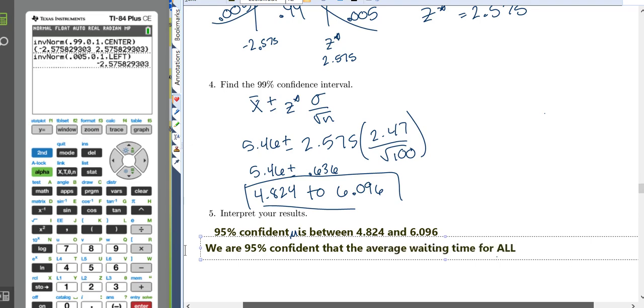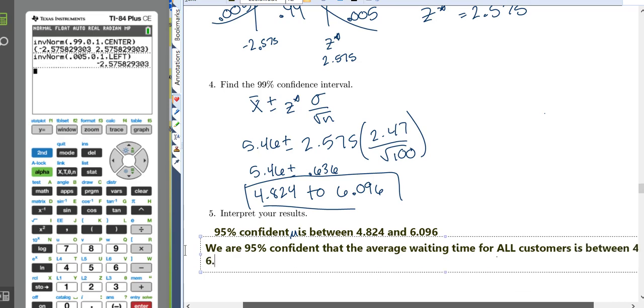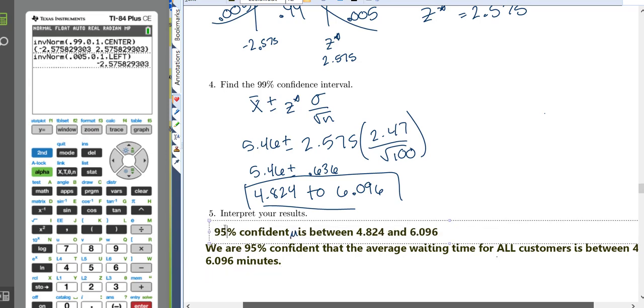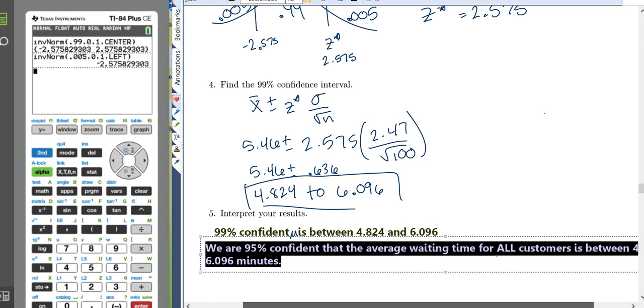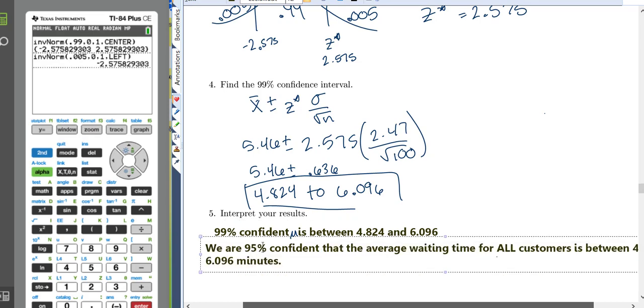Notice I have two keywords here: average and all, to tell me it's for the population. Oh, and I said 95, that's just habit. We actually found a 99% confidence interval, so let's make sure that's 99% confident.